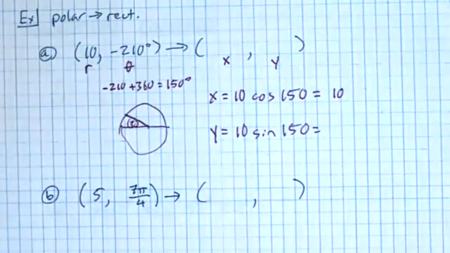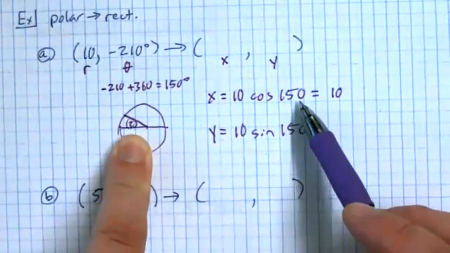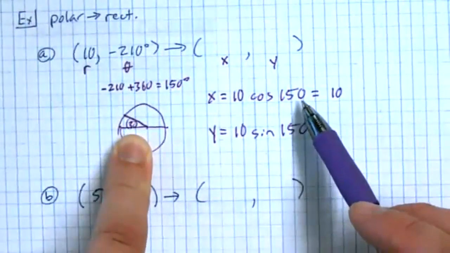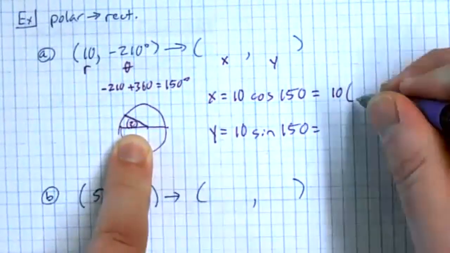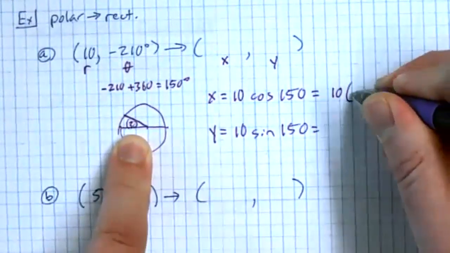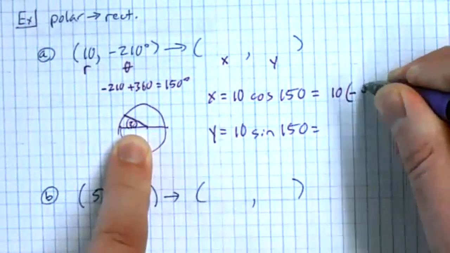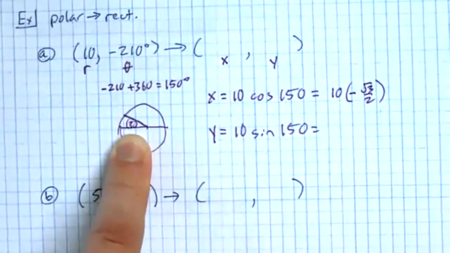So what's the cosine of 30? Because the cosine of 30 is going to be the same as the cosine of 150, except it might be negative. In fact, the cosine of 150 is definitely negative, isn't it? What's the cosine of 30? Do you remember? Cosine of 30 is root 3 over 2. So it would be negative root 3 over 2 because cosine is definitely negative in that quadrant.